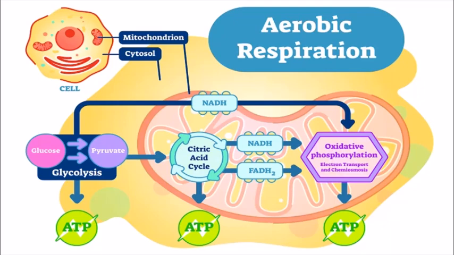It can be oxidized by two methods, aerobic and anaerobic. First we will learn about aerobic respiration. In aerobic respiration, glucose is oxidized in three steps. What are those three steps? First is glycolysis, second is the citric acid cycle, which we also call TCA, the tricarboxylic acid cycle, and third is ETC, that is the electron transport chain reaction.